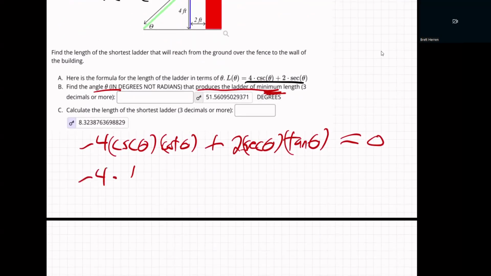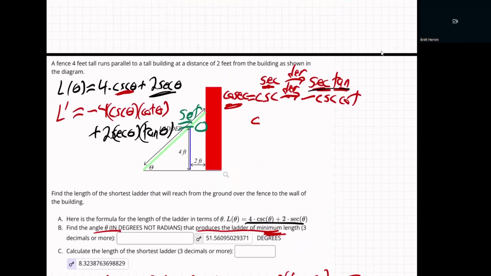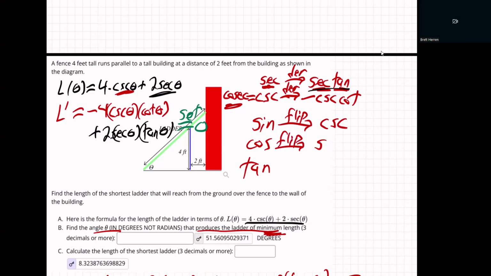Remember what cosecant is? 1 over sine. I'm going to get rid of the theta for the minute just to make things quicker. What is cotangent? Let's do a little trig review. If you flip sine, you get cosecant. If you flip cosine, you get secant. And if you flip tangent, you get cotangent.